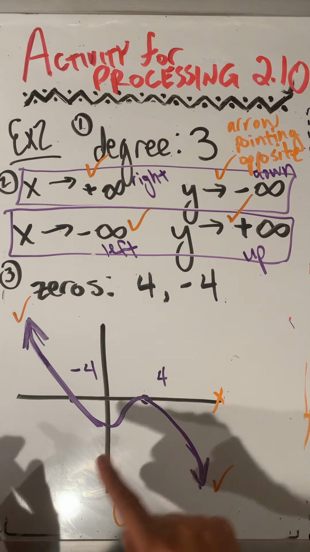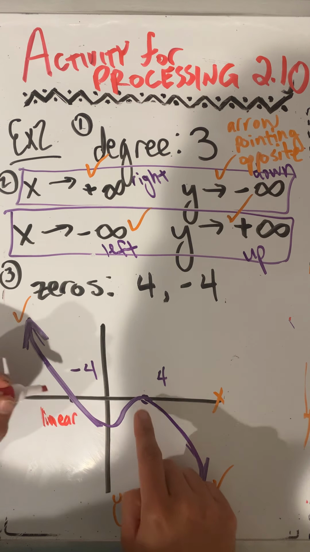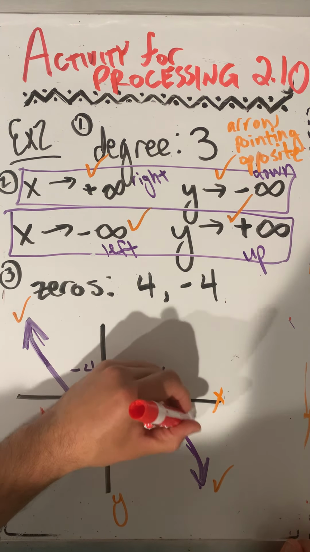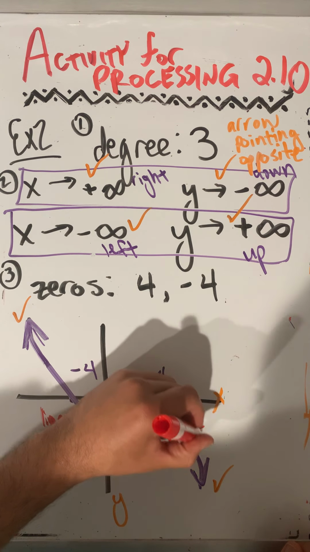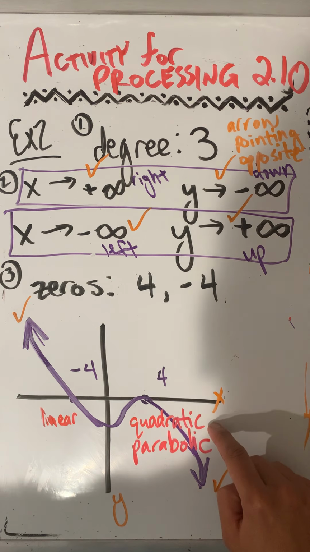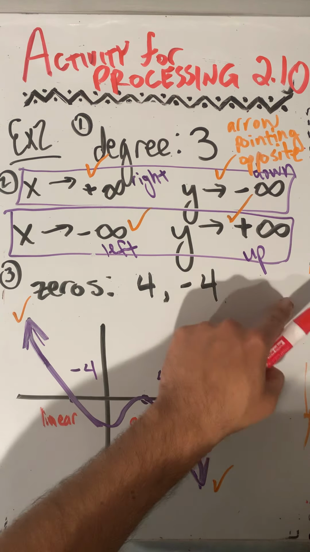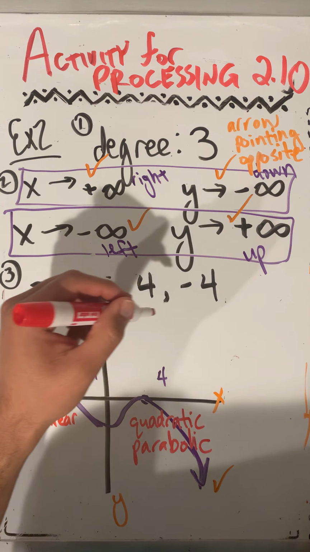Okay. So this part right here, this is linear. This part here, this is quadratic or parabolic. I'll write both words down. Some people prefer quadratic, but I like both because they're both descriptive of what we should expect on the graph. And all vocabulary is good in my opinion.